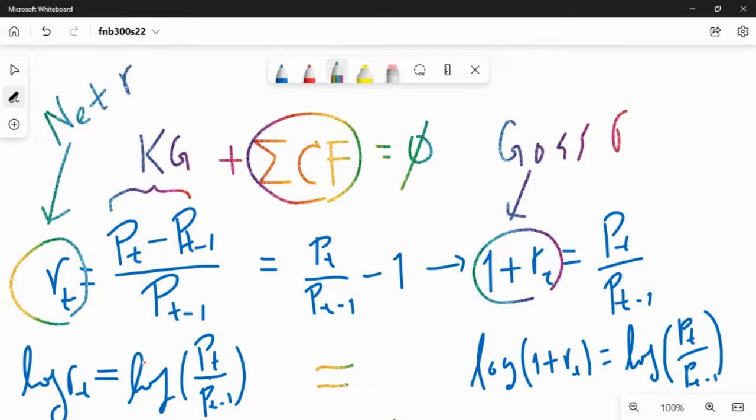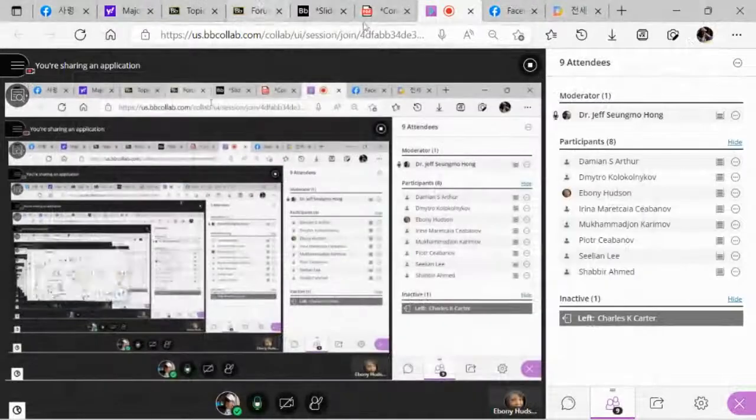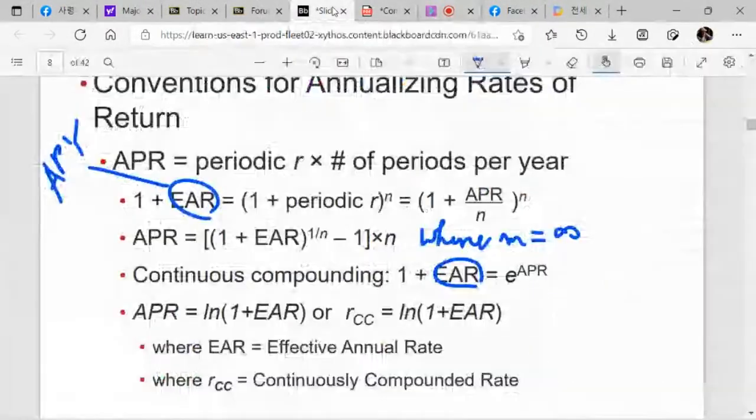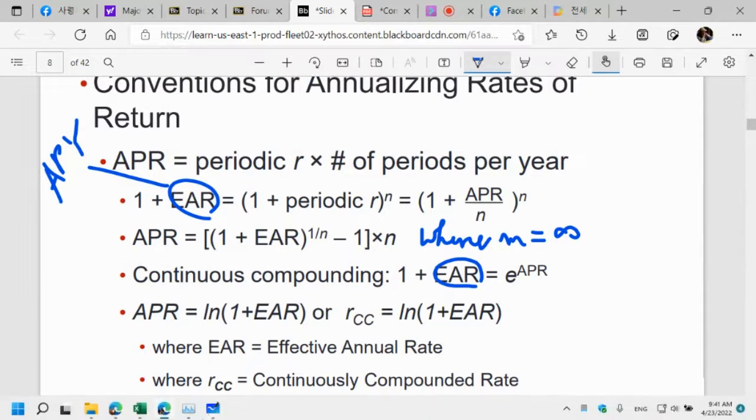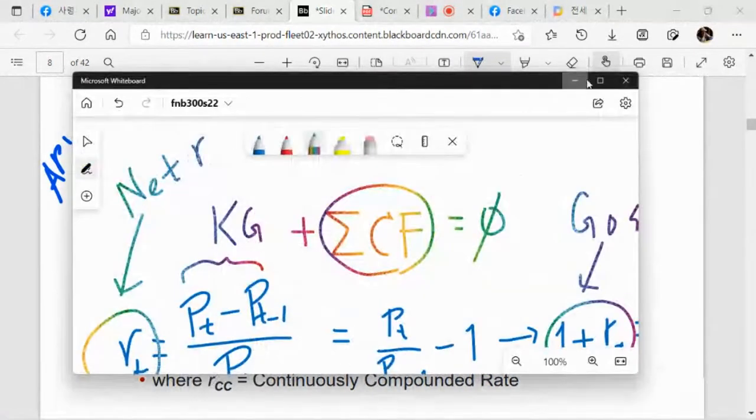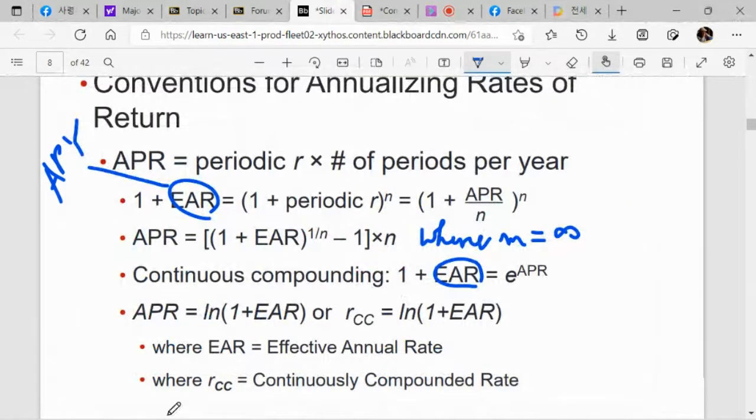So in our last class, we were talking about APR versus EAR. APR is the given, stated return.